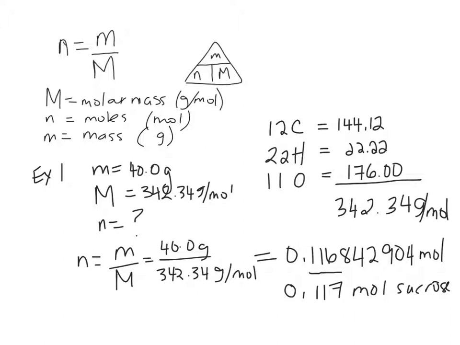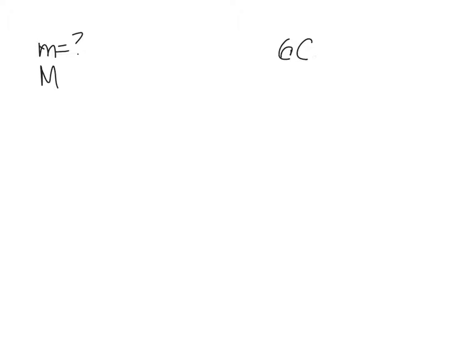All right. So we need 6 carbons, 12 hydrogens, and 6 oxygens. So 6 times 12.01.